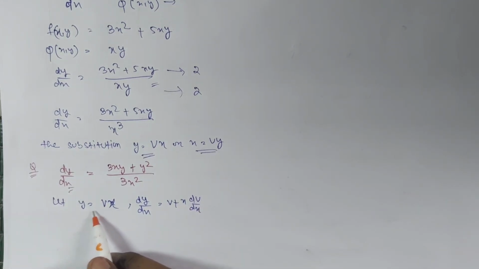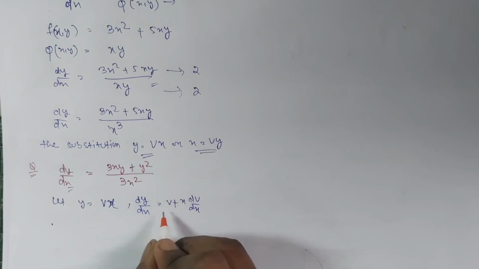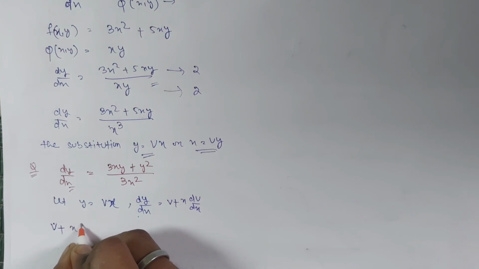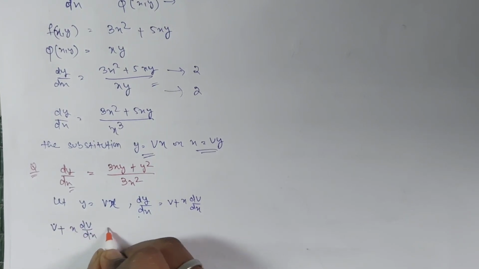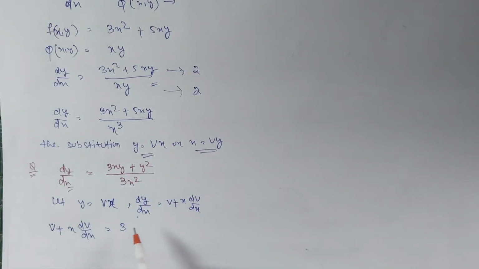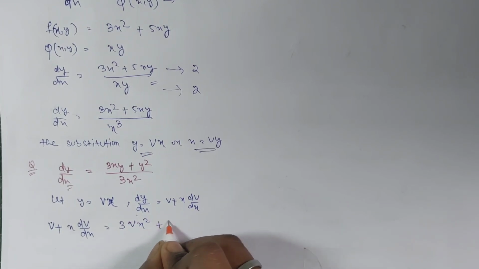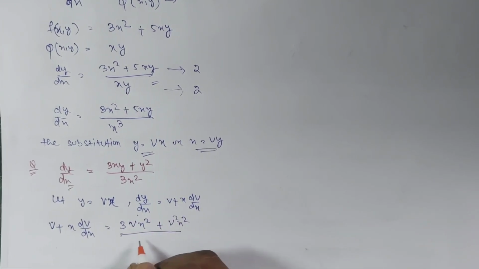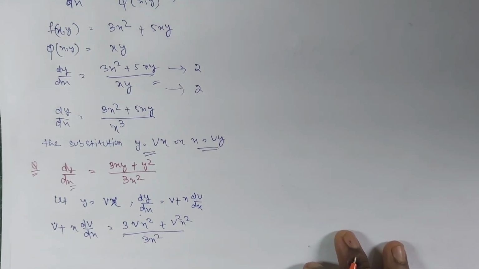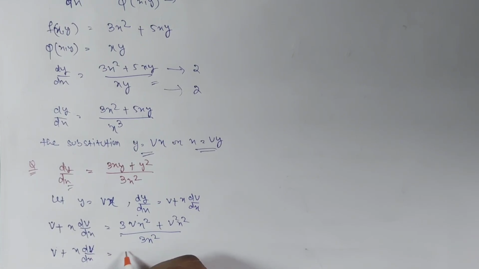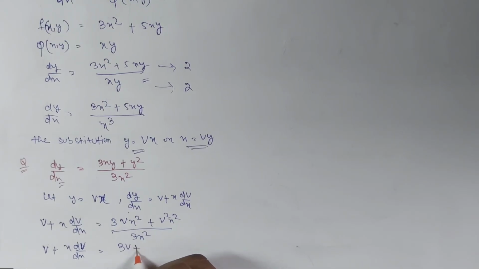If we put the value of dy by dx here, we get v plus x dv by dx equals (3 v x squared plus v squared x squared) by 3x squared. So we can write it as v plus x dv by dx equals (3v plus v squared) by 3.